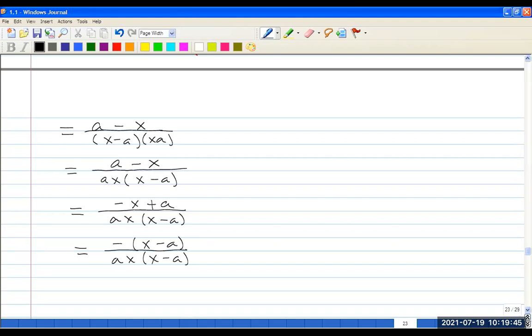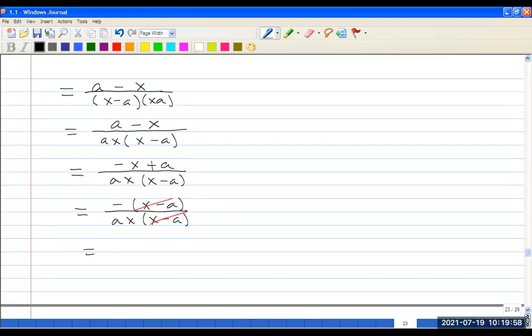But now that I've done that, I notice that the x minus a's are the same. So I can just cancel them. So this is equal to negative 1 over ax. And that's your answer.